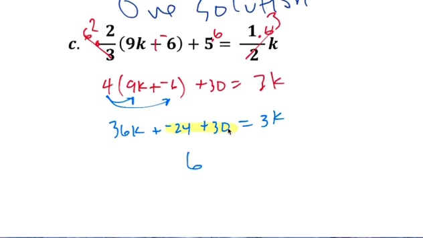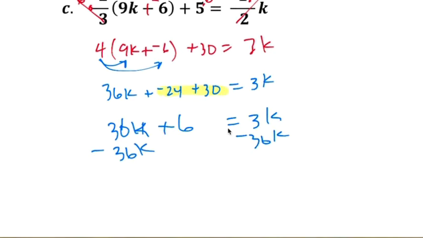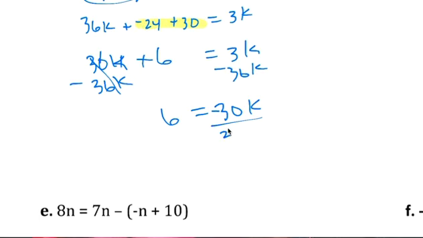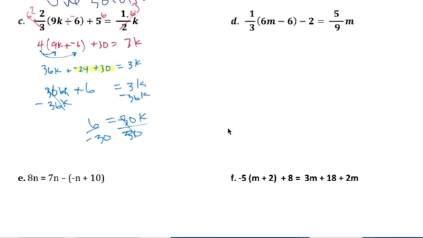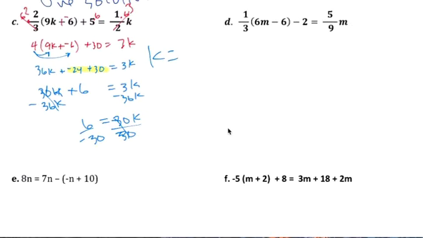Get you 6. Subtract 36k. Divide by -30. One solution.